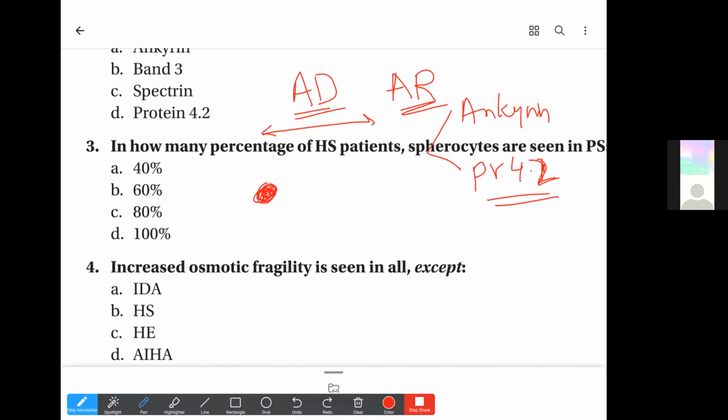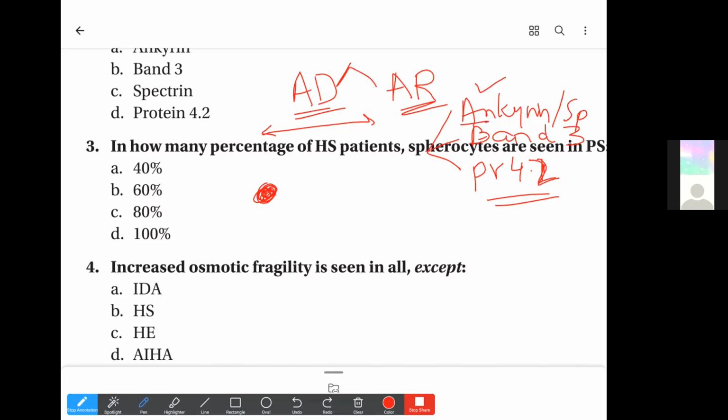And in 60% of patients, there is a defect in ankyrin spectrin. And in 25%, there is even band 3. So it could be ankyrin, in some cases even spectrin, and even band 3. I told you there are varying presentations of both autosomal dominant and recessive, and compound heterozygotes may be there as well. Defects may be seen in all these proteins.